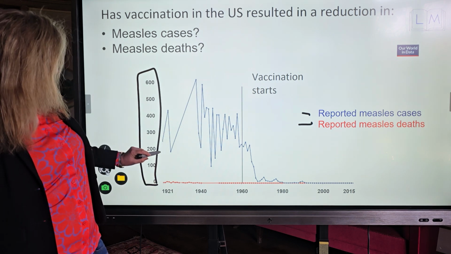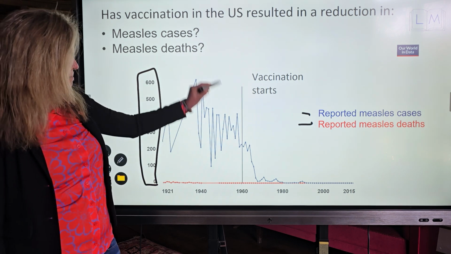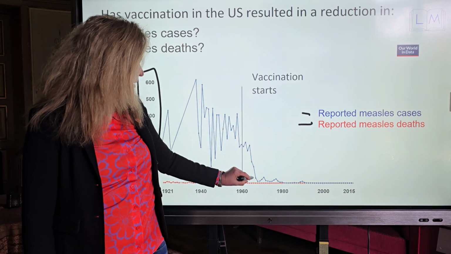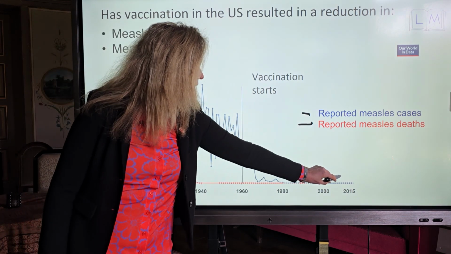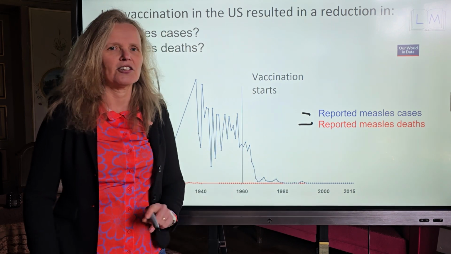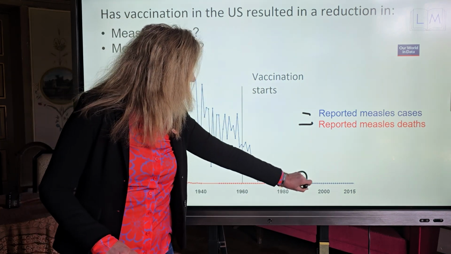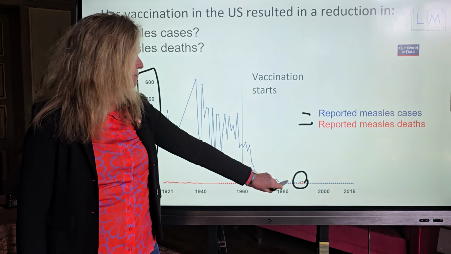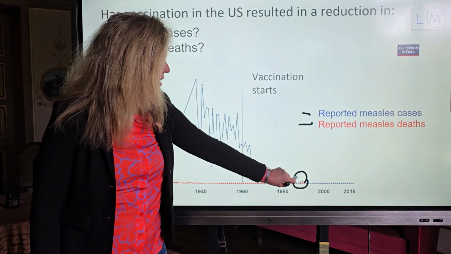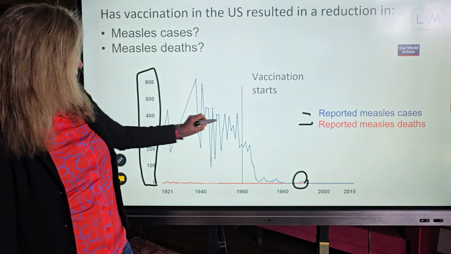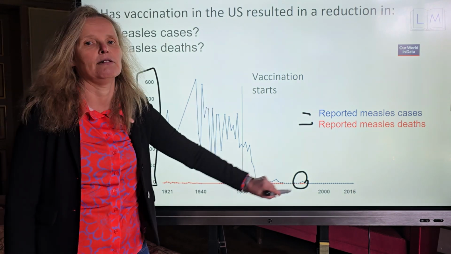Okay, the cases go between 200 and 600 before vaccination, and then you see a steep drop, and there are hardly any cases. You remember that peak around here in the previous slide? That's hardly anything because it was a very low scale. So cases, yeah, that goes down.